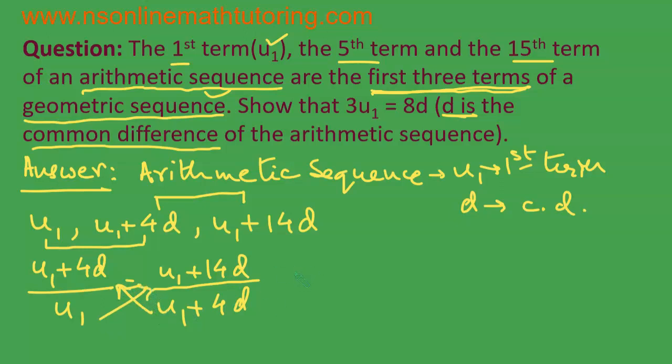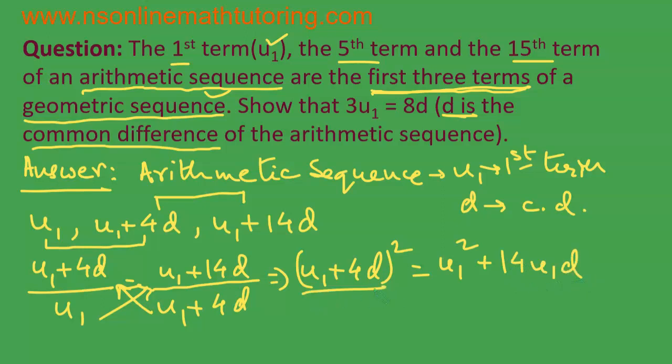Okay. So it is (u1 plus 4d) whole square is equal to u1 times u1 is u1 square and u1 times 14d is equal to 14u1d. And if I open this, you may just multiply them by taking two binomials (u1 plus 4d) times (u1 plus 4d).